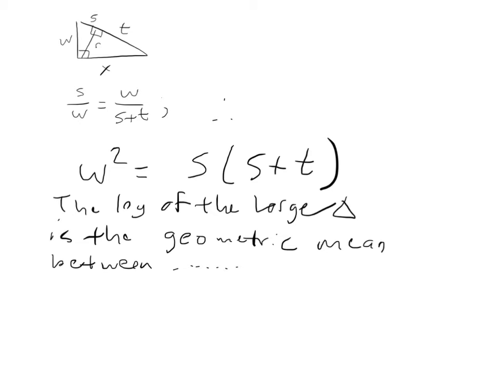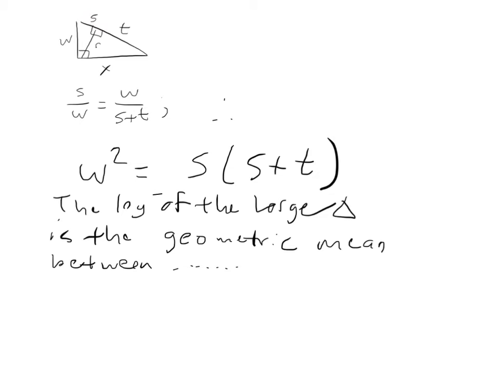So S over W equals W over S plus T. The means extremes product theorem then gives me W squared equals S times S plus T. And that, you'll note, if I go backwards now, I've got W as a geometric mean in between. The question is how to describe this S and S plus T.